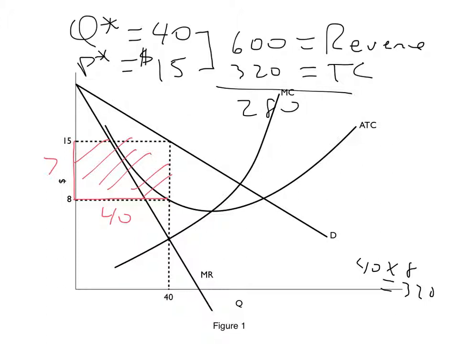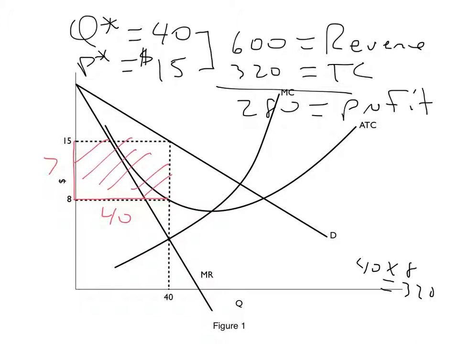So here we have a monopolistically competitive firm earning a profit of 280. And as you can tell, I don't write any better on a digital whiteboard than I do on the real thing.